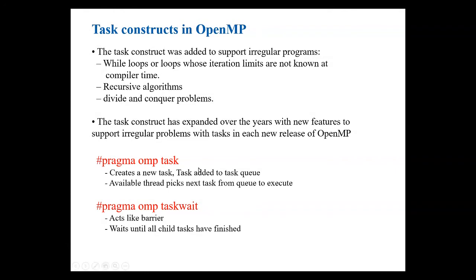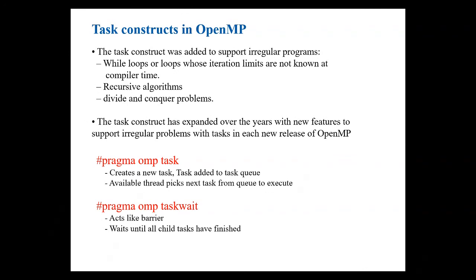The syntax for task is very simple. It comes with a compiler directive, in this case, omp task. What it does is create a new task, and the task is added to a task queue, and an available thread will pick up one task at a time until all the tasks have been done.